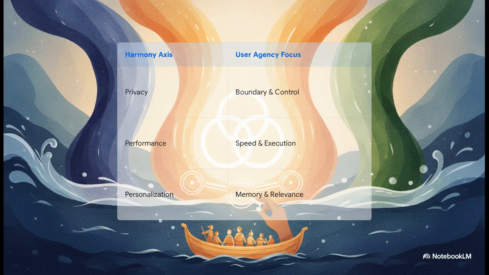And personalization provides memory, adaptation, continuity, and relevance. So harmony in Quetra is this carefully calibrated balance across these 3 pillars. But it's based entirely on your choices. If you want maximum privacy, the system routes tasks locally. If you need higher performance, you adjust the dial. You are always the sovereign one turning the dials.